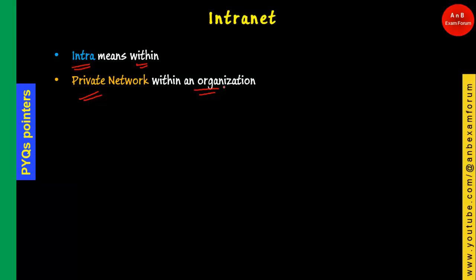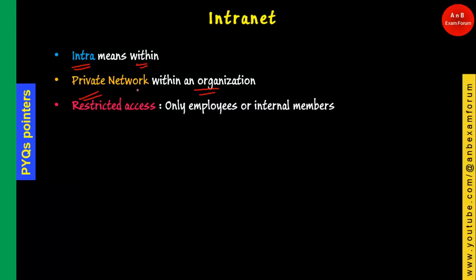Why is it called intra? Because it is going to be used within an organization, not outside the organization. Since it is not used outside the organization, it becomes a private network. And since it is private, restricted access will be there, and only employees or the internal members are going to use that intranet.